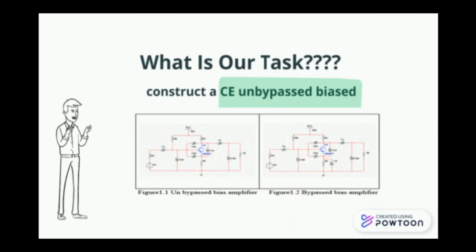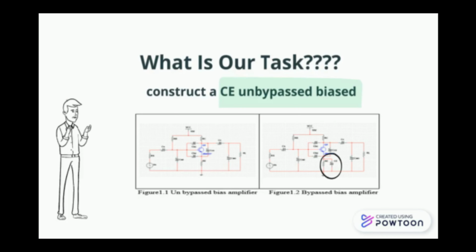In common emitter amplifier, we have two types. One is the unbypassed bias amplifier, and the second is the bypass bias amplifier. The difference between these two types is, in the bypass bias amplifier, we have a capacitor in parallel with the emitter resistor.